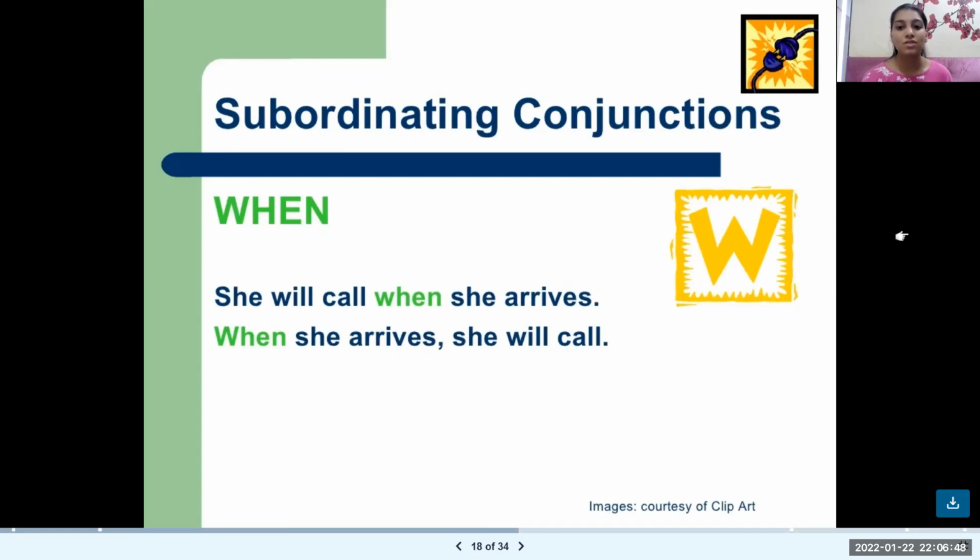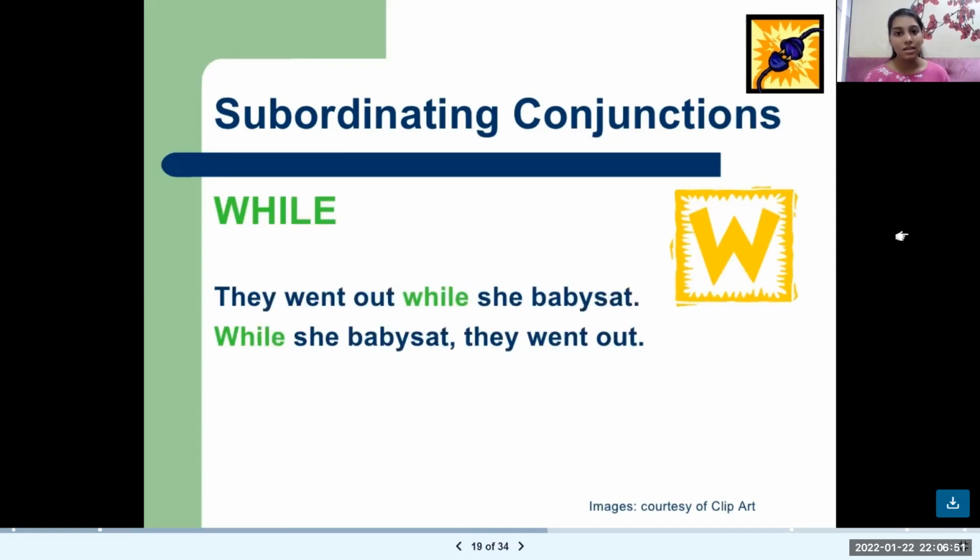Let us see the next word. Okay, as I told you, there's more than 7, but we need some sort of short form to remember all those words, or else it will be hard to study or memorize it, right? So for the word W, there's another word apart from "when," which is called "while." Let us see how it is used in a sentence. "They went out while she babysat."